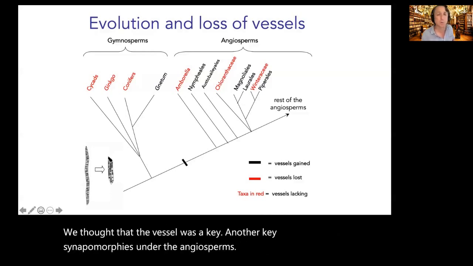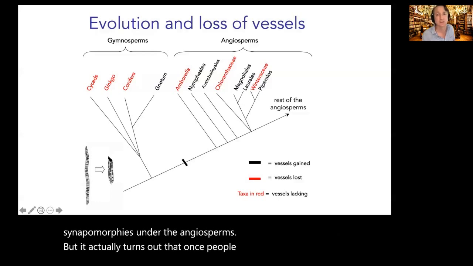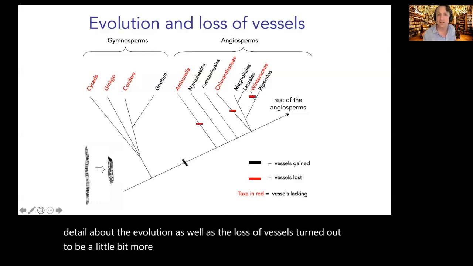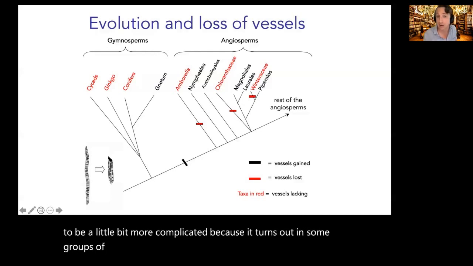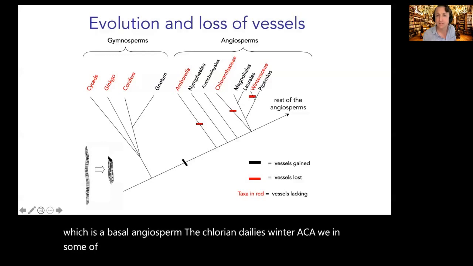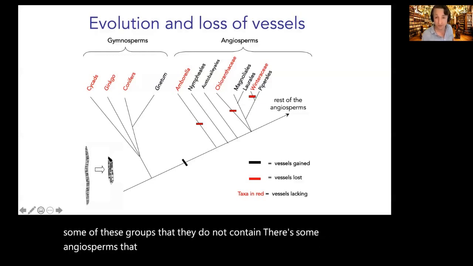But it actually turns out that once people started looking in more detail at the evolution as well as the loss of vessels, it turned out to be a little bit more complicated. Because it turns out that in some groups of angiosperms, a group of plants known as Amborella, which is a basal angiosperm, the Chloranthales, Winteraceae, we actually see in some of these groups that they do not contain vessels. There are some angiosperms that don't contain vessels, okay, which is interesting.